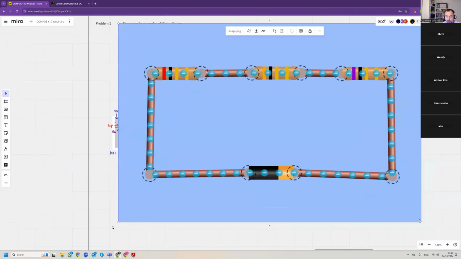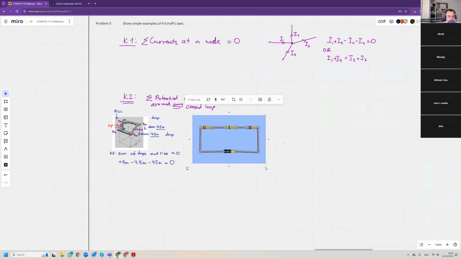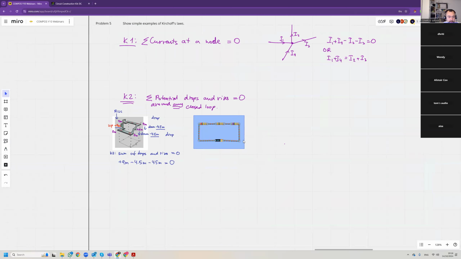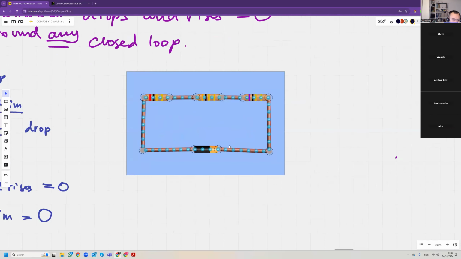Yeah, of course it works on a parallel. So this is a closed loop. So the battery rises the potential. So it's a rise, goes up to plus 9 volts.